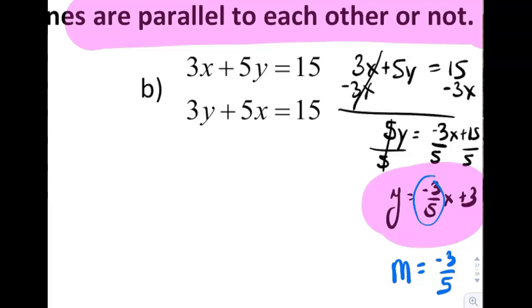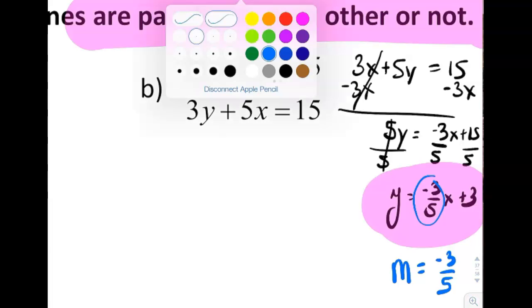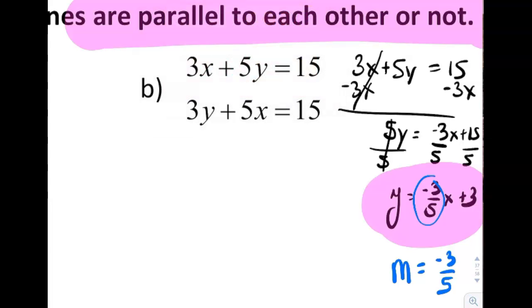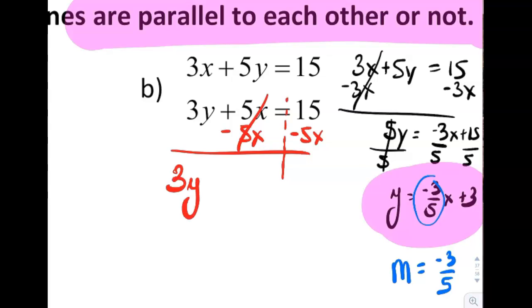Let's see what happens with the other line. I'll do it right here since I have some space underneath it. I'm going to take away 5x from both sides. I'm trying to solve for y, right? I have 3y equals negative 5x plus 15. I divide through by 3, and I already see what's happening here.